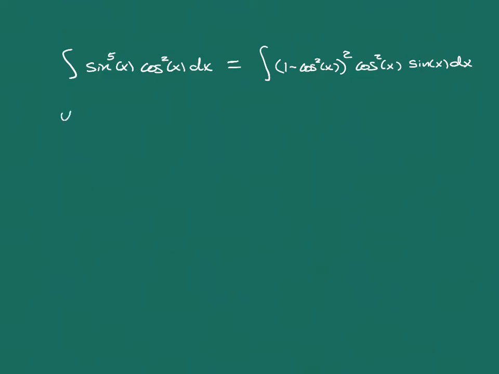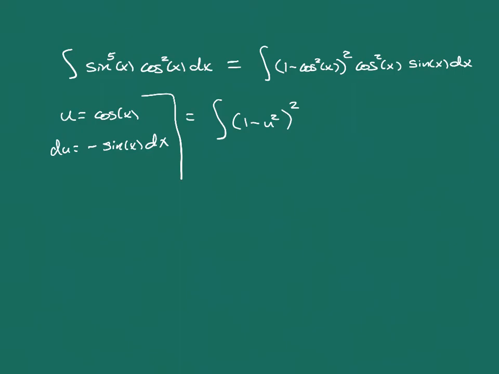And so if we did our u substitution, so u being cosine, du being minus sine of x dx, now our integral becomes the integral of 1 minus u squared, squared, times u squared, times a minus du.